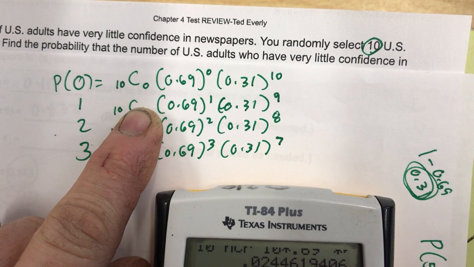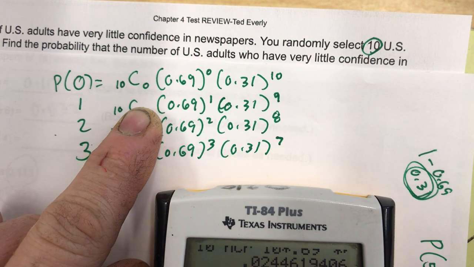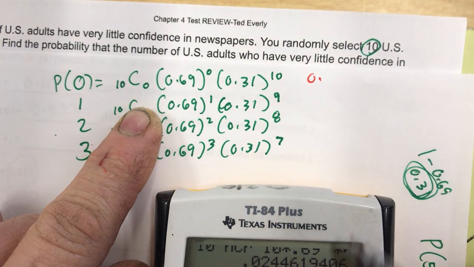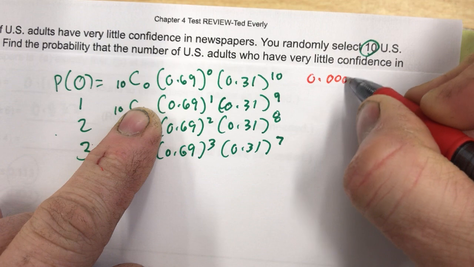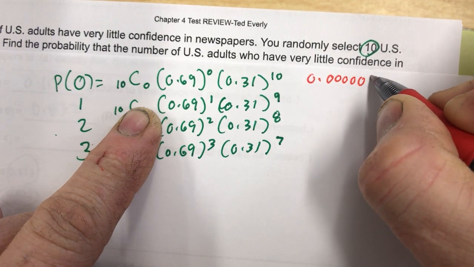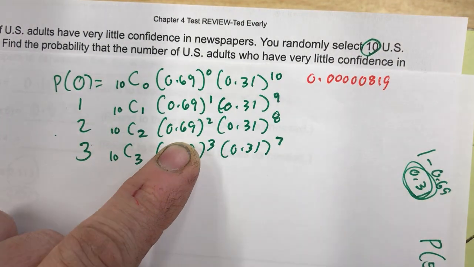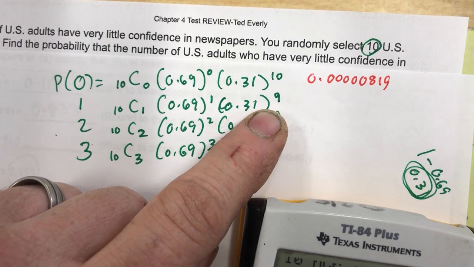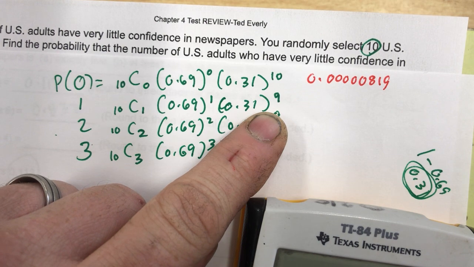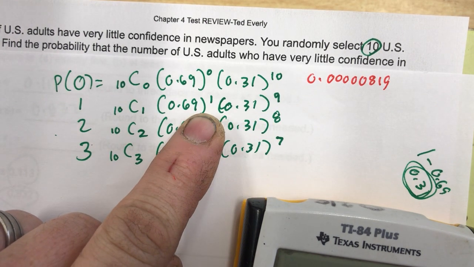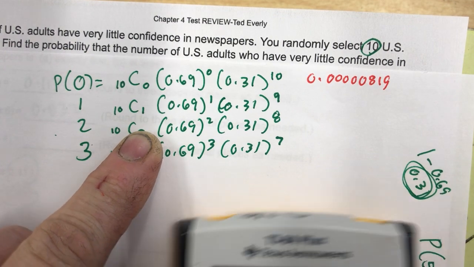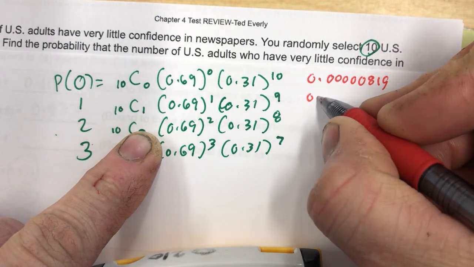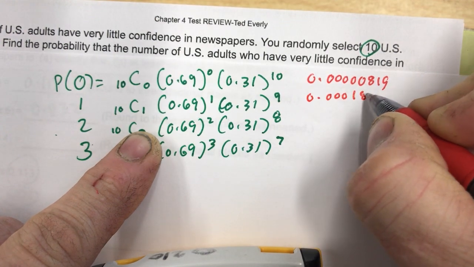All right, that's going to be, ooh, man. 0 point, or this moves back 6 places, so it'd be 5 zeros. 1, 2, 3, 4, 5 zeros, and 8, 1, 9. All right, now I'm going to go back in there. I'm going to change this to a 9. Change that to a 1. And change it to a 1. And that's going to be 1, 2, 3, 1, 8, 2.